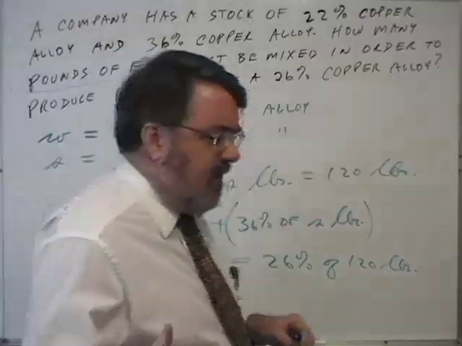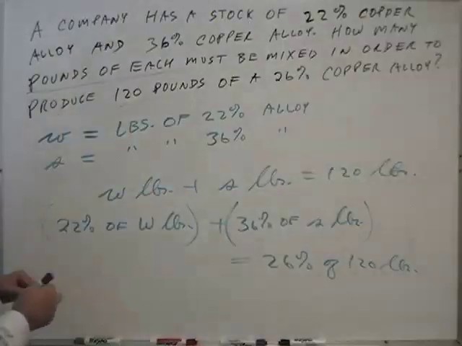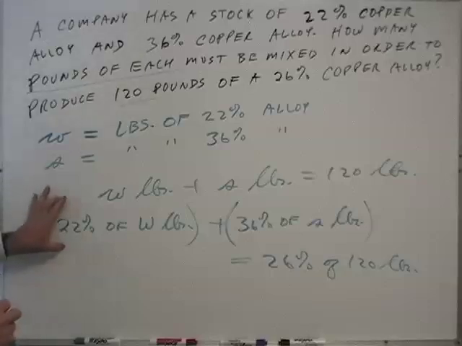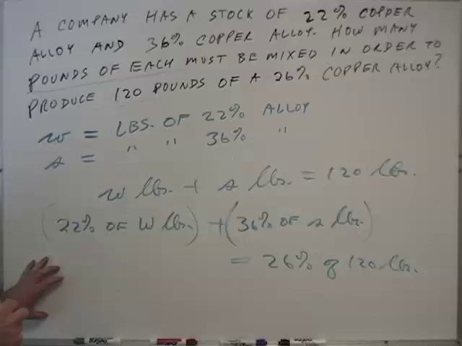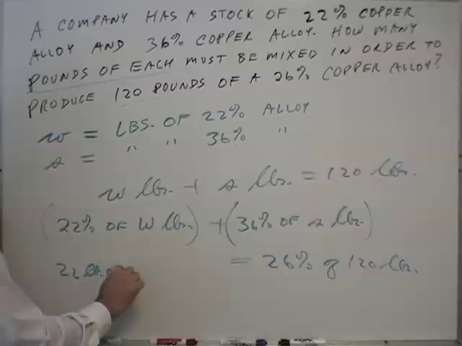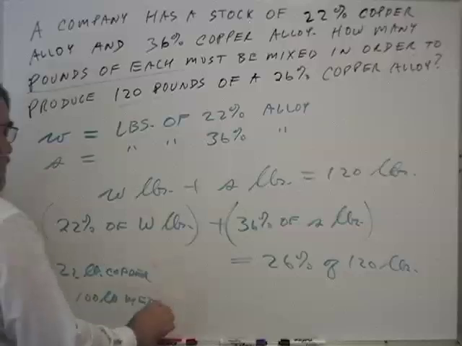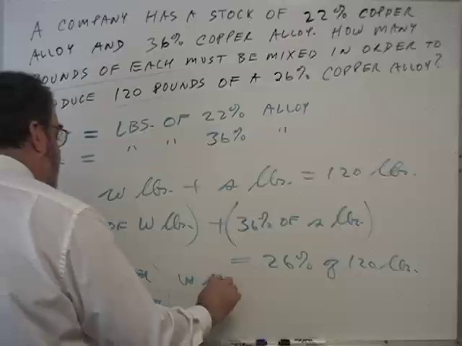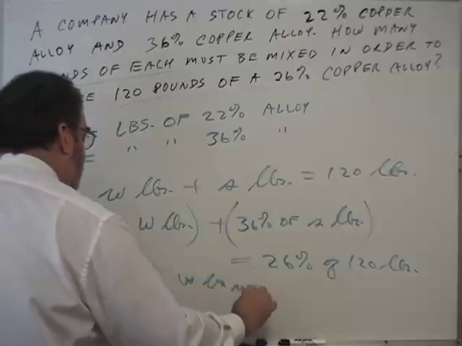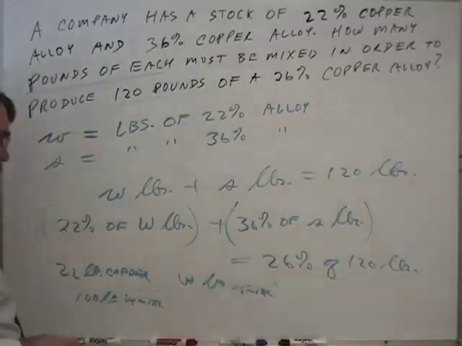Percent of means to multiply. Technically it's 22 pounds of copper per 100 pounds total metal. 22 pounds copper over 100 pounds metal, and we multiply by W pounds of metal, then the metal cancels, leaving pounds of copper.